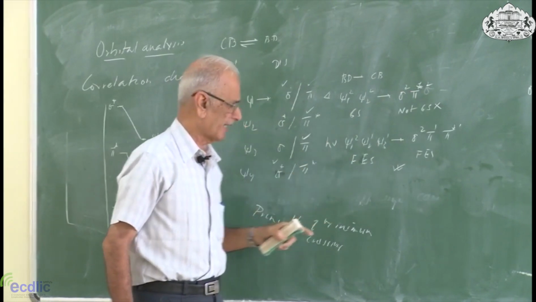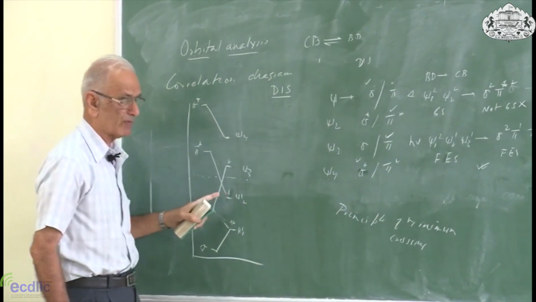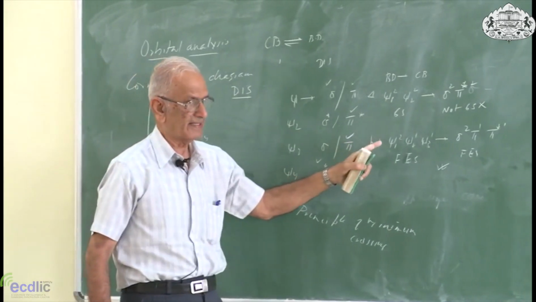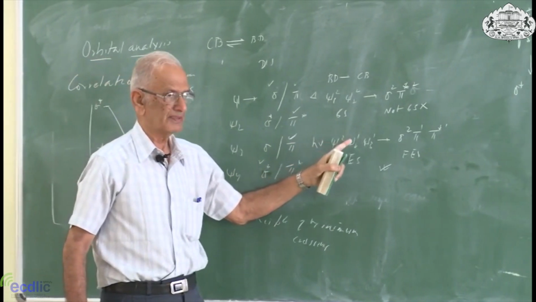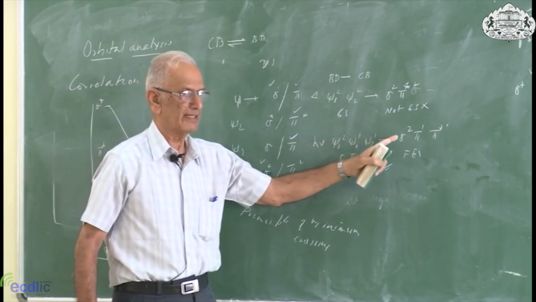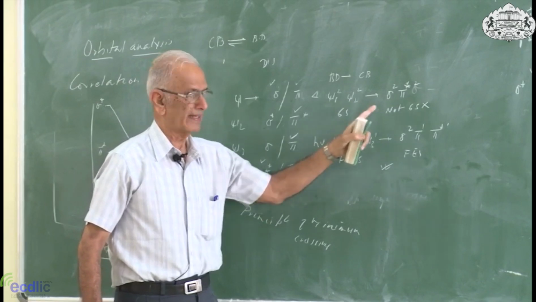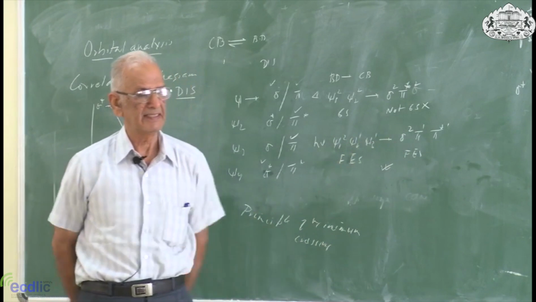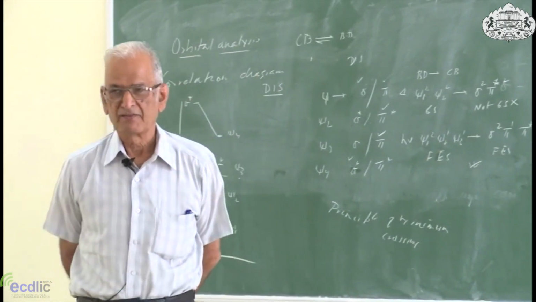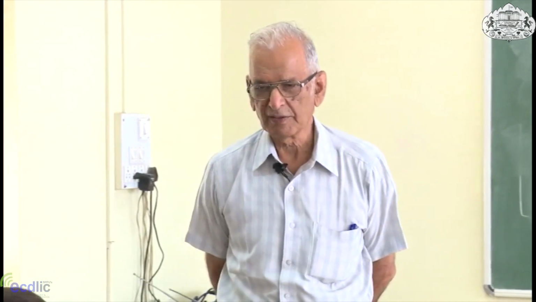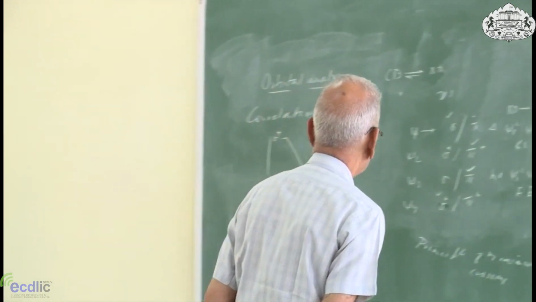Then I did photochemical. I excited 1 electron from psi 2 to psi 3. Therefore, my first excited state was psi 1 2, psi 2 1, psi 3 1. Psi 1 2 went into sigma, psi 2 1 went into pi star, psi 3 1 went into pi. First excited state gives first excited state. Therefore, photochemical reaction is allowed.